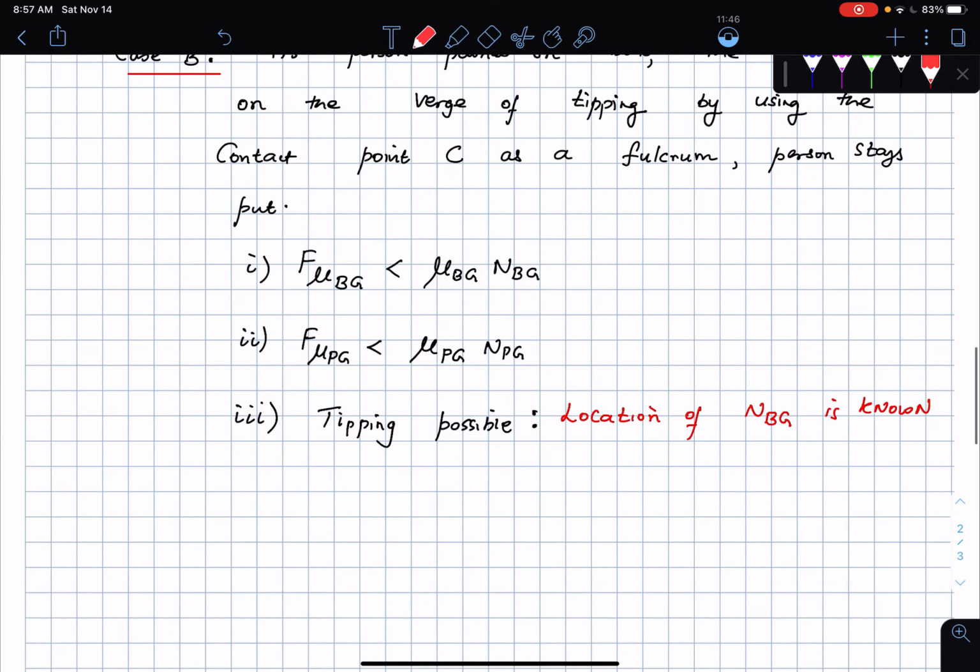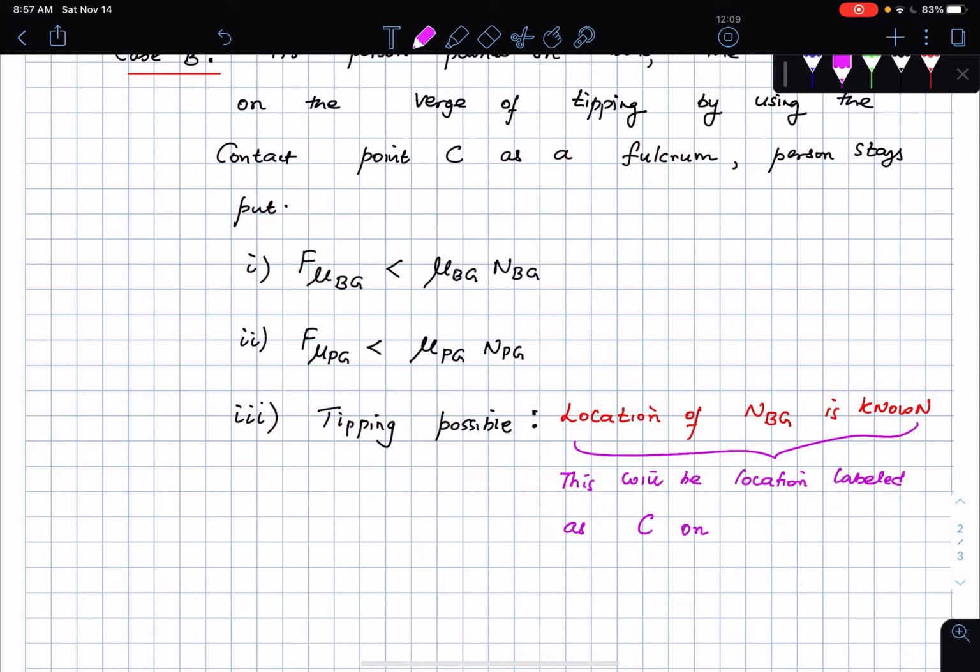And where do you think this is going to be? This normal force is now going to be at the corner point of contact. Okay, so that's something that I want to see. So this will be the location, and I'm going to mark this down, labeled as C on the box.